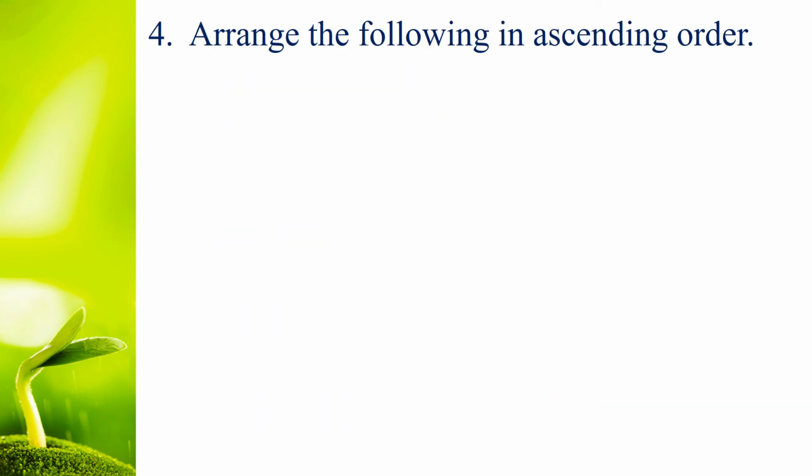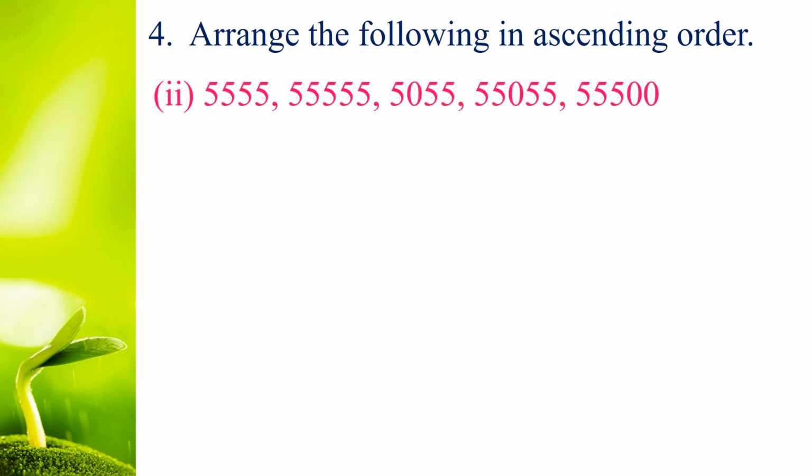Fourth problem. Arrange the following in ascending order. The given numbers are 5,555, 55,555, 5,055, 55,055, 55,500. We already know ascending order means we arrange the numbers from smallest to greatest.